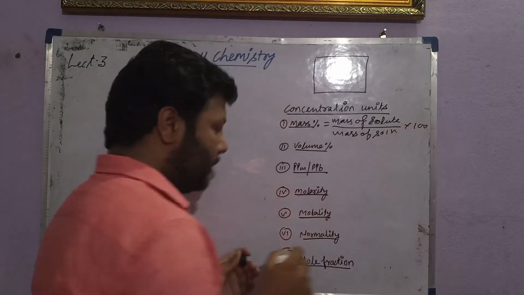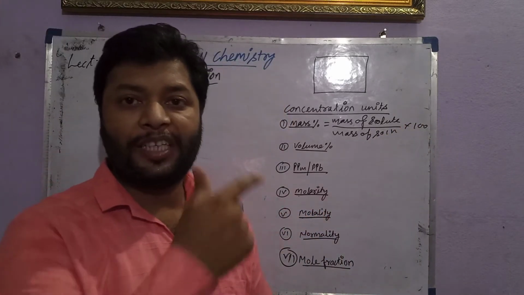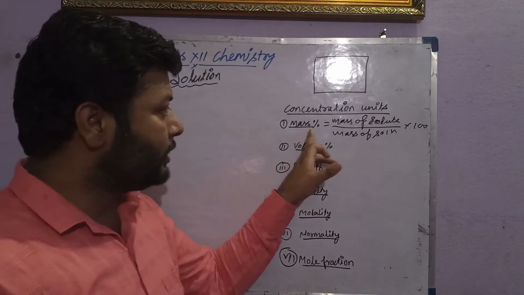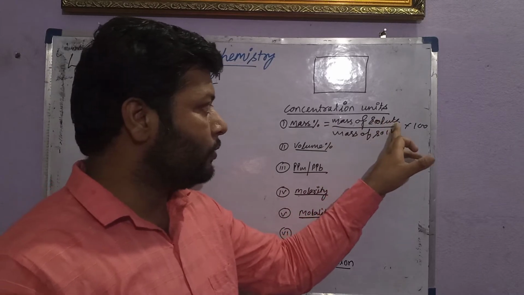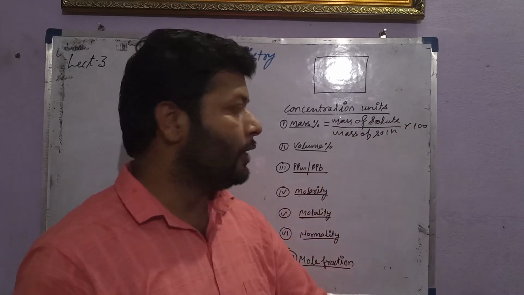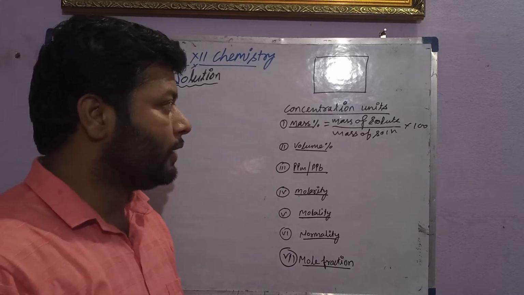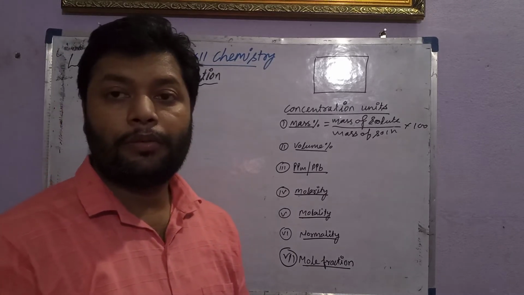And since this is a percentage, we have to multiply by 100. So mass percentage means mass of solute upon mass of solution into 100.